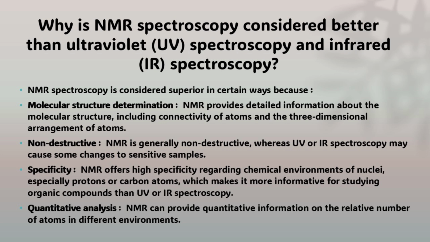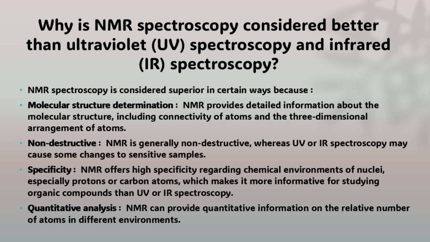The first reason is, NMR spectroscopy provides much better details for molecular structure determination. Unlike ultraviolet and infrared spectroscopies, NMR spectroscopy provides much more detailed information about the molecular structure, including connectivity of atoms and the three-dimensional arrangement of atoms.